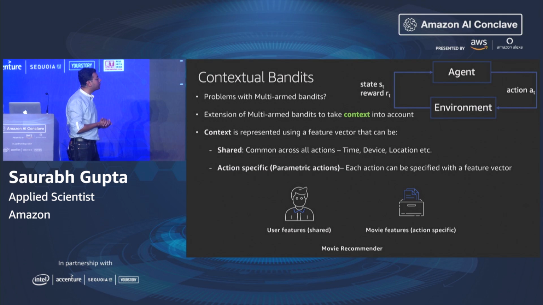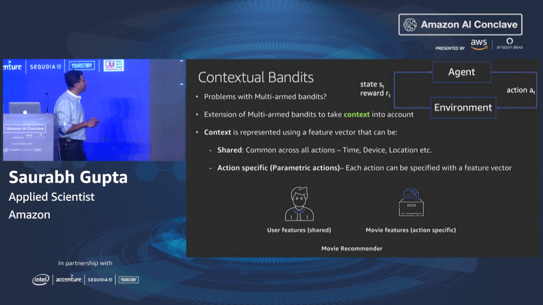And this context can be of 2 types. Now I want you to think from the perspective of a movie recommender system. Let's say we want to build a movie recommender. So what features can we have? We'll have user features. We might have features for different movies or different items that we want to recommend. So we are categorizing those 2 types of features here.